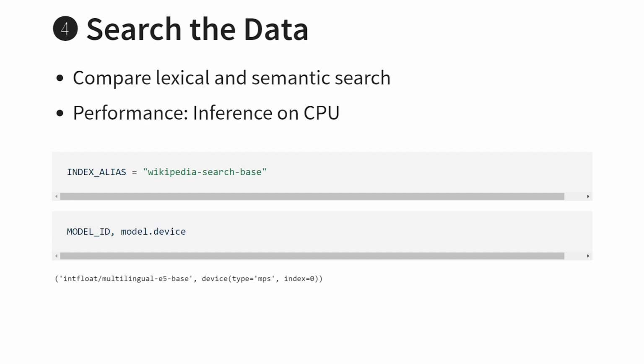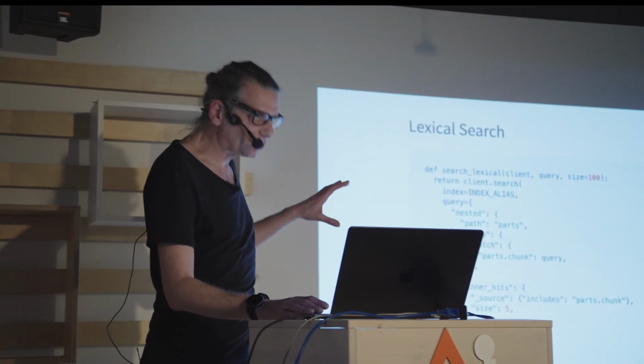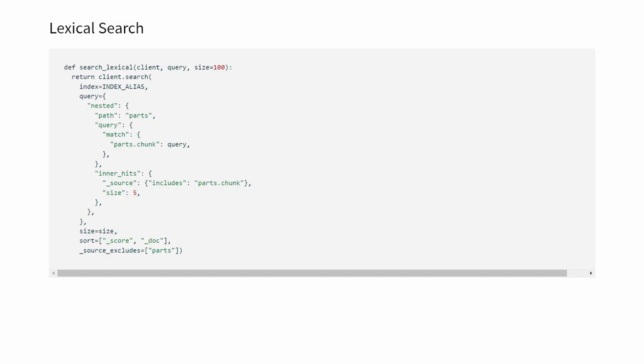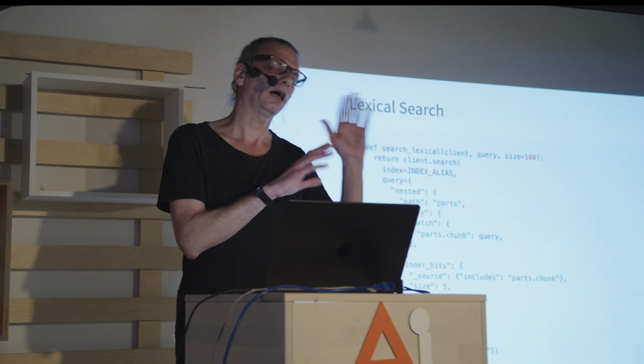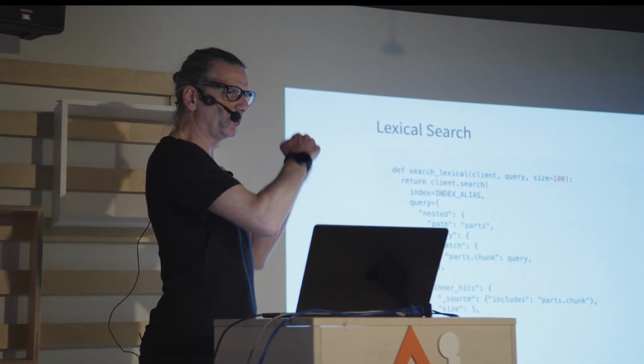Okay, data is indexed. Let's search it with the alias, with the device. For the traditional lexical search, remember the beginning of the talk, we are going to use the match query. And it's wrapped in this nested part because we index everything, I didn't highlight that in the mapping, as one document per page.